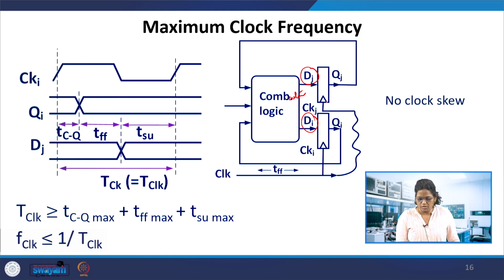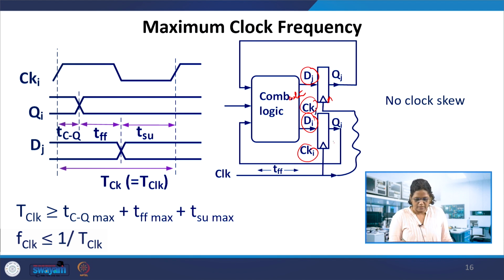The clock which the jth flip flop is obtaining is Ckj, and here is Cki. So the flip flop to flip flop path from here to here is involved. The output from here gets into the combinational logic and goes to the next flip flop. So, that time is this flip flop to flip flop delay.